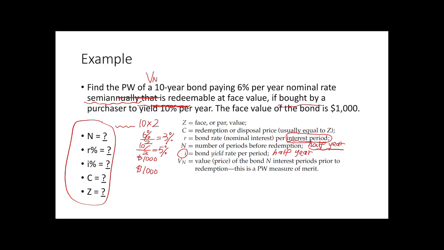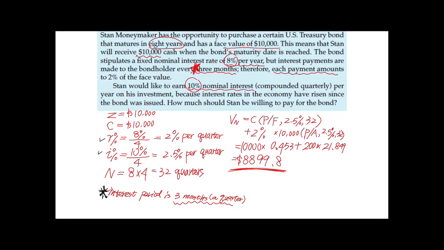So if the interest is paid every quarter, then in a year you're going to be paid 4 times, and then the quarter will be your interest period. Okay. And how do you calculate R and I? Very important. It's not just the interest rate given if it's not compounded yearly. Try to rework this problem, especially for these two items.